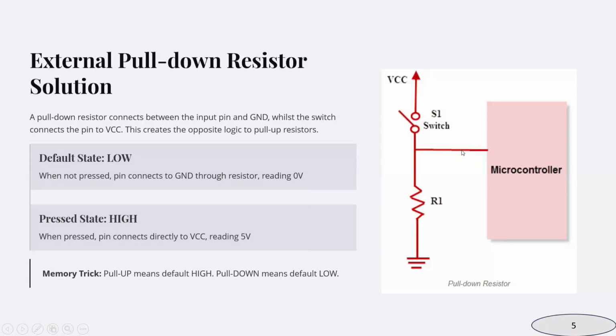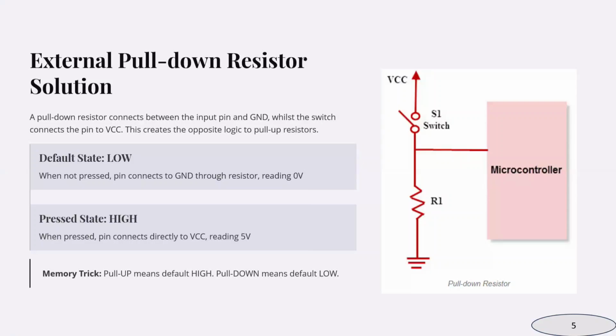Is that clear? In the case of a pull down resistor, if the switch is not pressed, the input pin is connected to GND and reads a low, and when the switch is pressed, the input pin will be connected to VCC and hence it will read a high value.